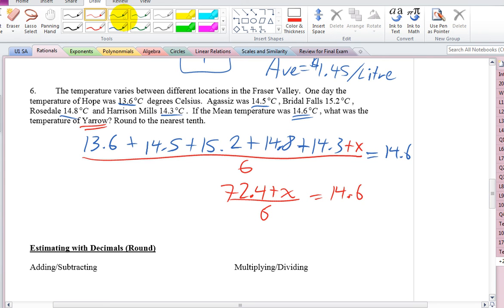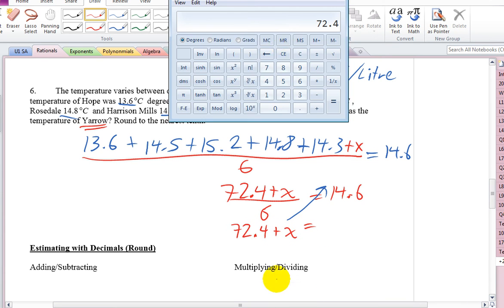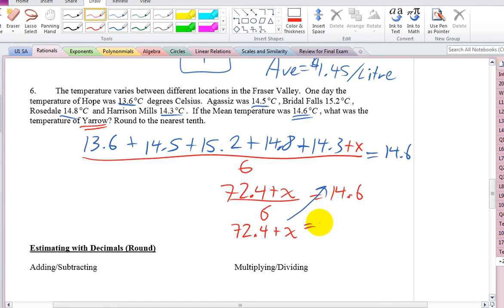So what we're going to do, instead of dividing by 6, we're going to bring up a multiply. So we're going to get 72.4 plus X equals 14.6 times 6 equals 87.6.